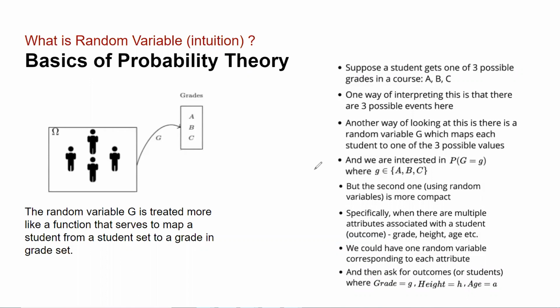For example, if you are performing an experiment with a total of 100 possible outcomes, you won't remember each event by its respective outcome. Rather, it is easy to remember it by some code, some number 0, 1, 2, 3 till n.